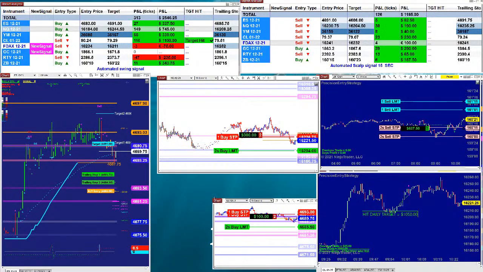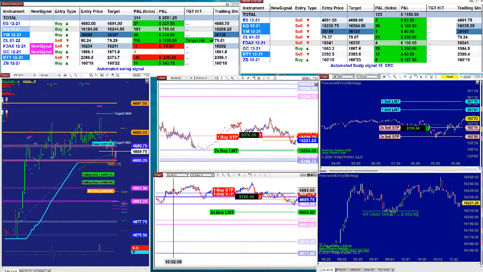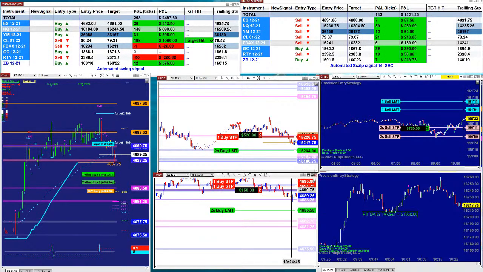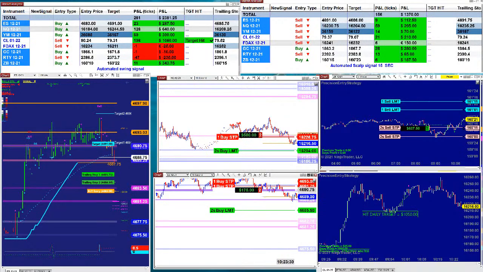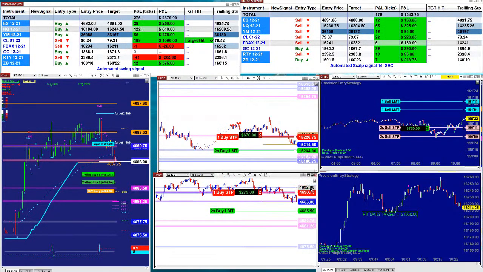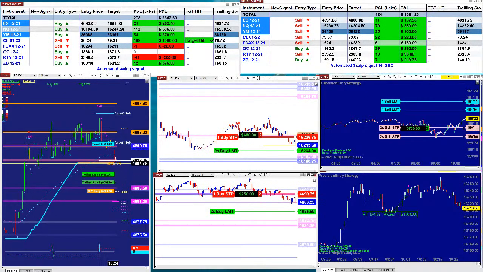The reason is this is what we call the support area right there, you see. So it's very unlikely that ES is going to be below that number here.